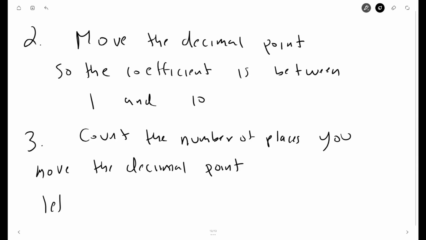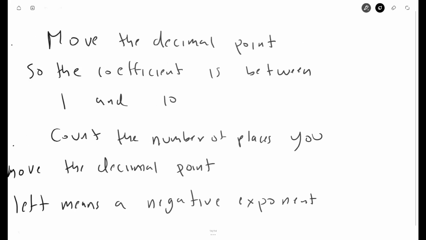Left means a negative exponent, and a right move is a positive exponent.